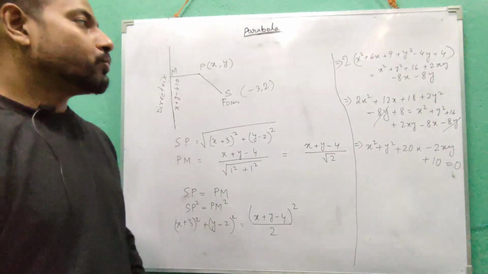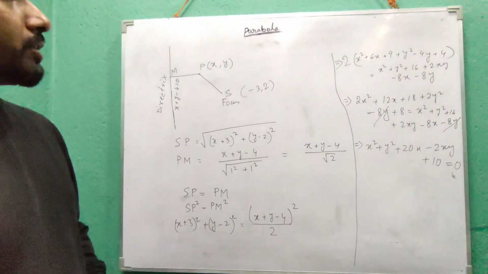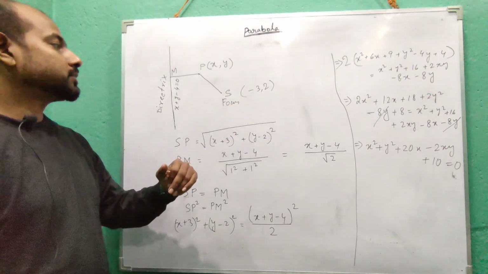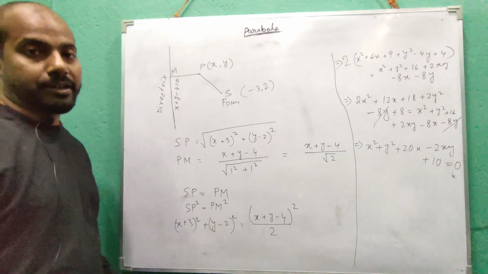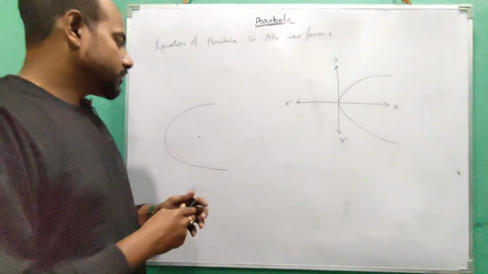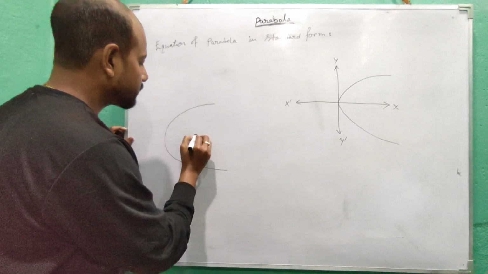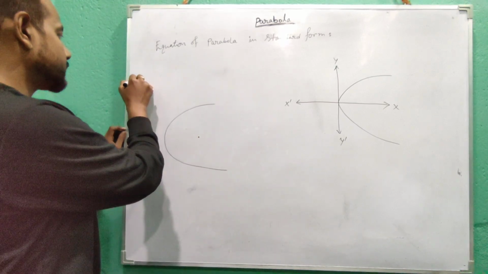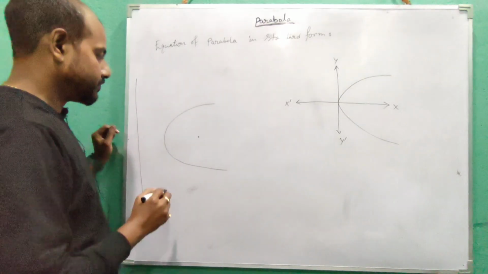In this way we can make the equation of a parabola where the focus and the equation of the directrix are given. Suppose this is a parabola with its focus, and this line is the fixed line which is the directrix.